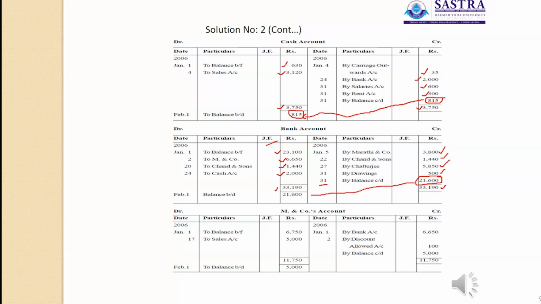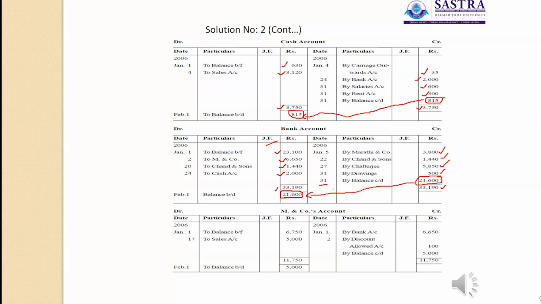So this amount is carried forward to the next month of February, 21,600. That means at the end of the month, we have bank balance rupees 21,600. At the beginning of the month of February, 21,600 is the bank balance.